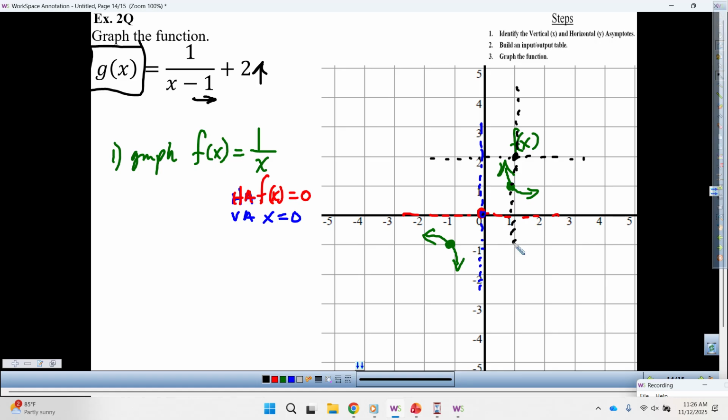Now check this out. On f of x, there's a point from the center, from the point of origin, 1 to the left and 1 down, and 1 to the right and 1 up. So now our center is here. 1 to the left, 1 down. From here, 1 to the right, 1 up. And this is our g of x.